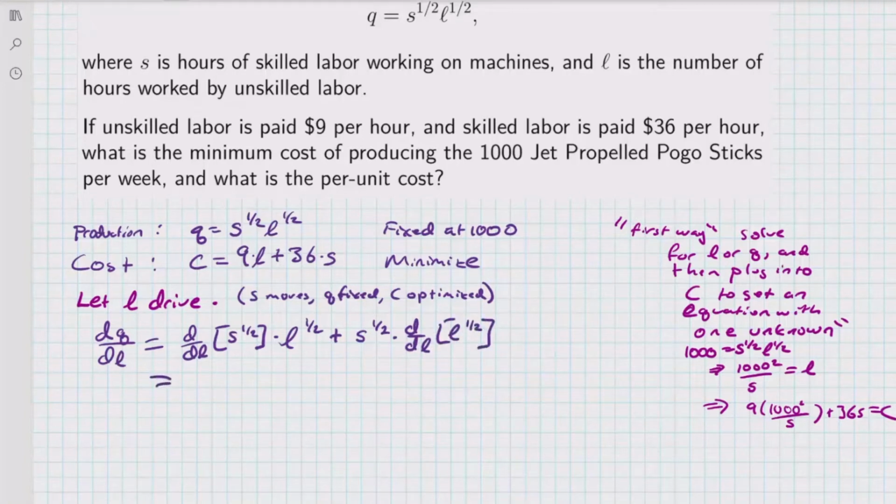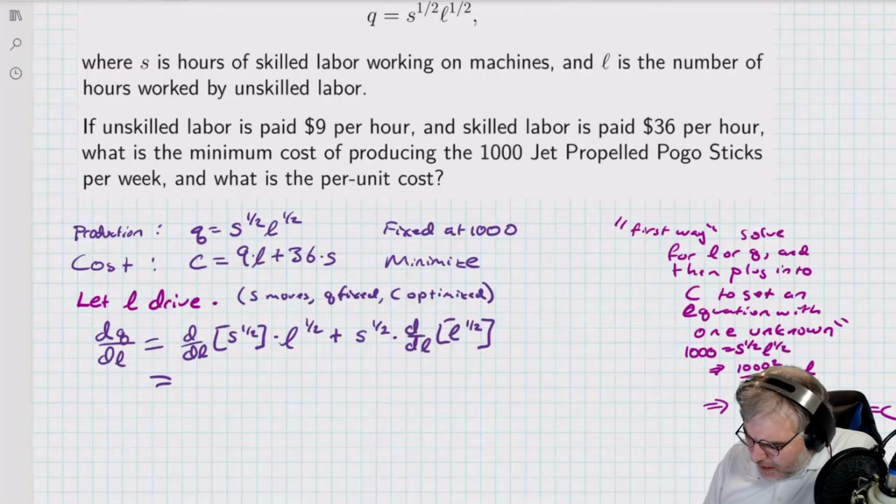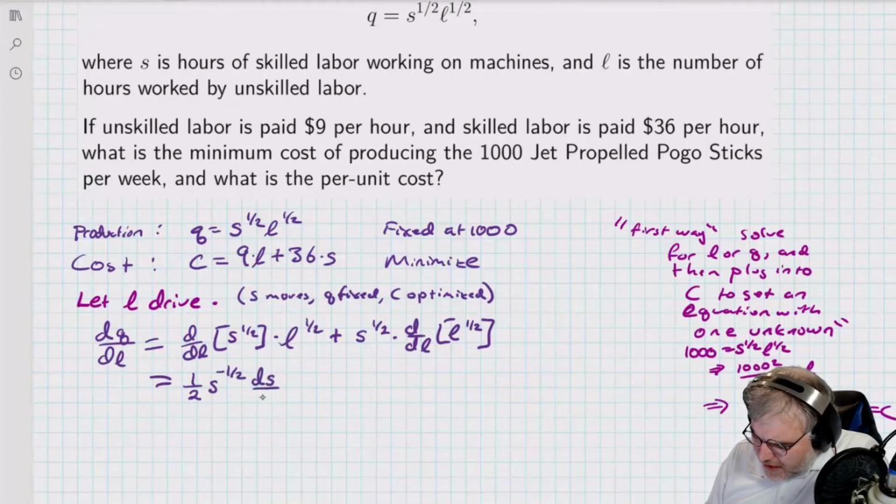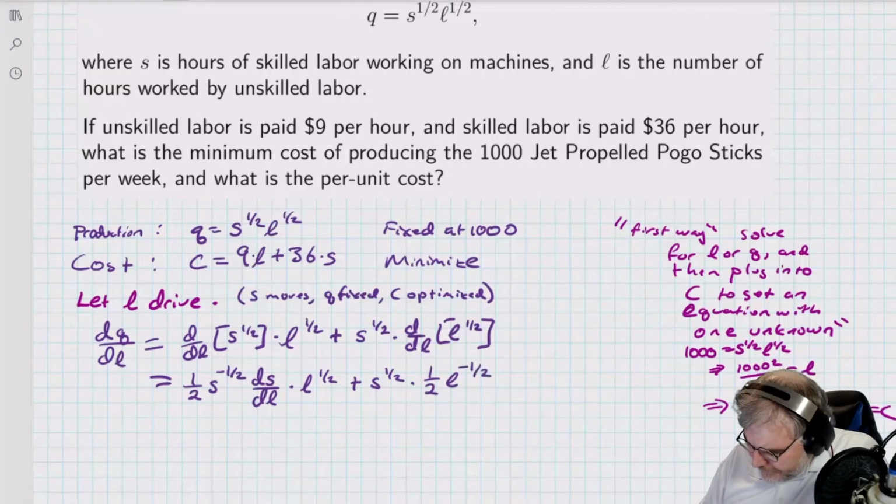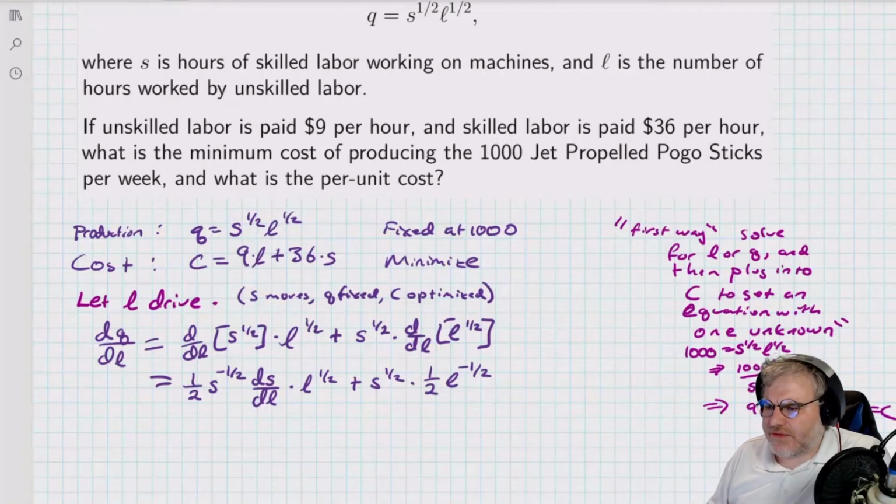So I did the product rule. This has a chain. So this is going to be 1/2 S to the negative 1 over 2 dS over dL times L to the 1 over 2 plus S to the 1 over 2 times 1/2 L to the negative 1 over 2. Okay. So 1 to 5, how do we feel about that derivative there?